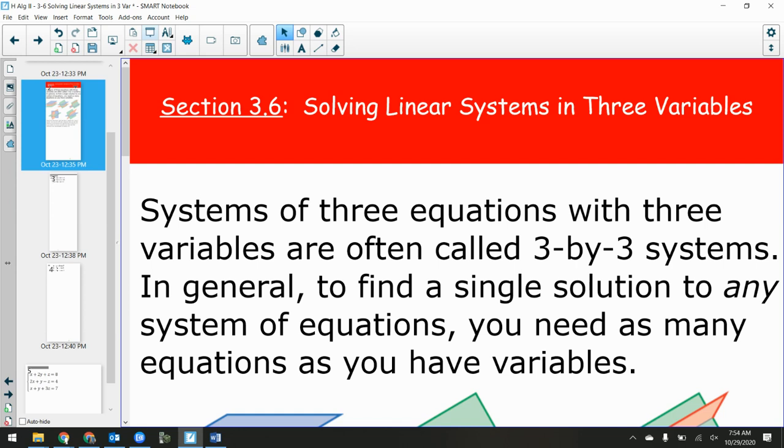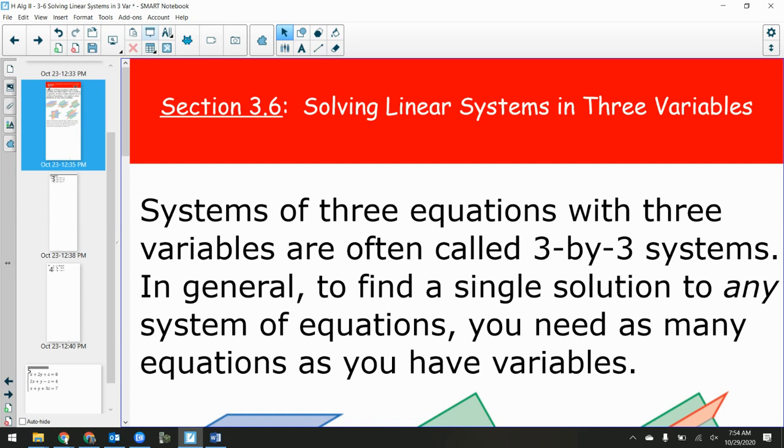If I have 4 variables to solve for, I must have at least 4 different equations. If I have 5 variables, I must have 5 equations. Everything we've done up until now had 2 variables, so I only needed 2 equations. And we're talking about equalities, not inequalities.